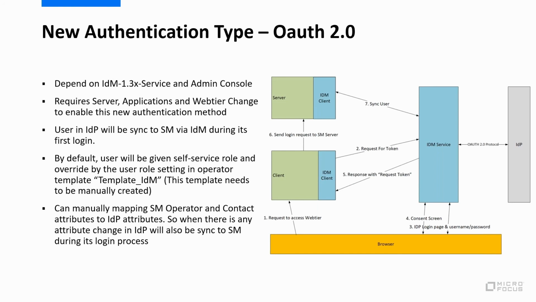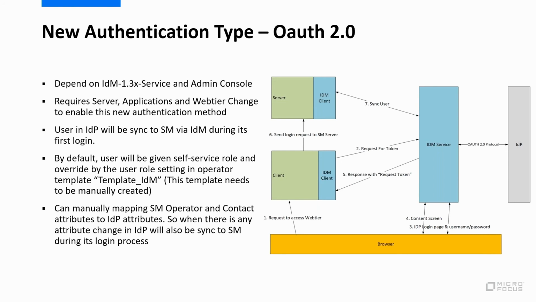So basically, the user in the IDP will be synced to the Service Manager through the IDM during its first login, and by default, we will give the user the self-service roles, and meanwhile, this can be overridden by the user role setting in the operator template.